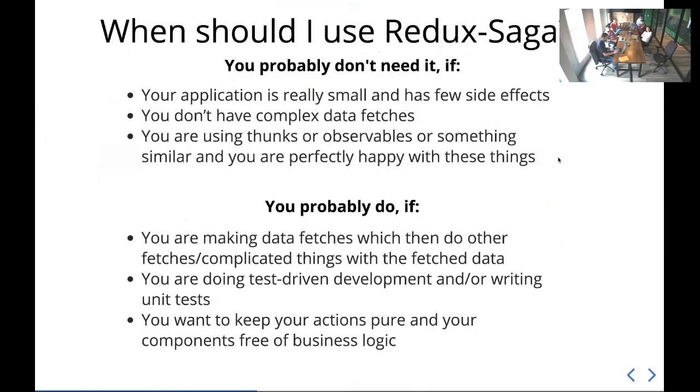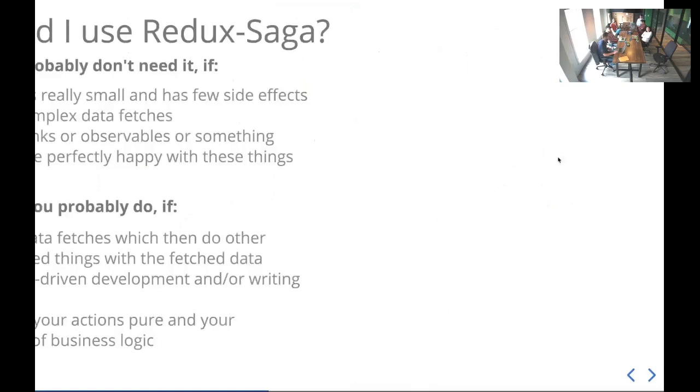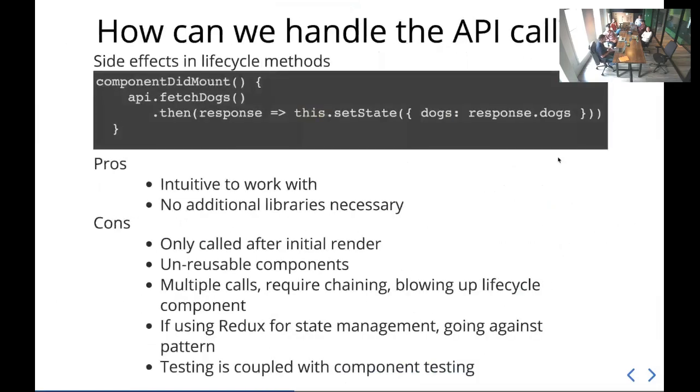So that's one of the big benefits, and let me go further to describe the state of the landscape right now. Obviously, we can already handle a lot of these API calls within the life cycles present in React. But there are some downsides.